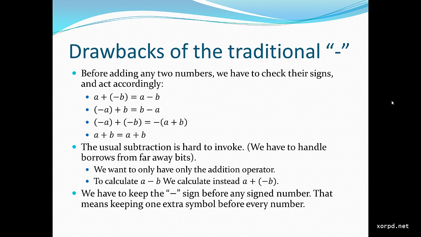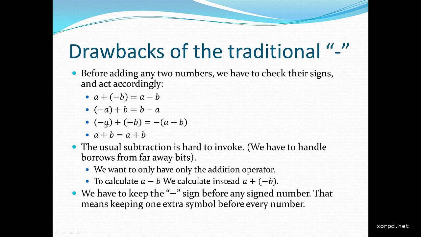The drawbacks of the traditional minus. Before adding any two numbers, we have to check their signs and then act accordingly. That means we can't just invoke the operation we want to do. We have to check some things before we do it. For example, if one of the numbers is positive and the other one is negative, then we have to invoke subtraction. If one of the numbers is negative and the other is positive, then we have to invoke subtraction the other way.